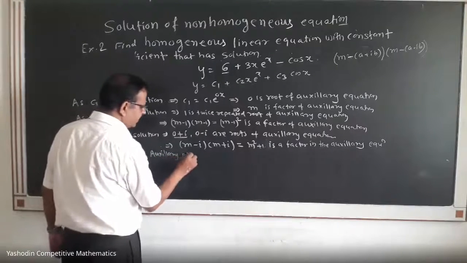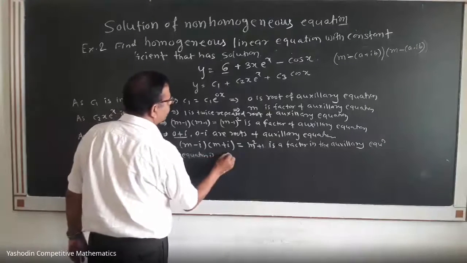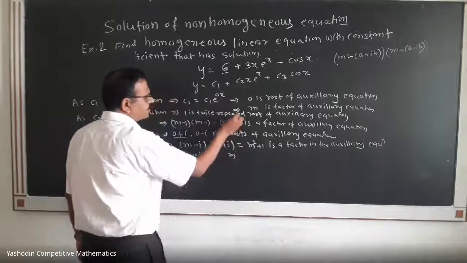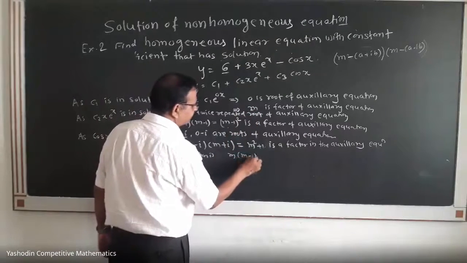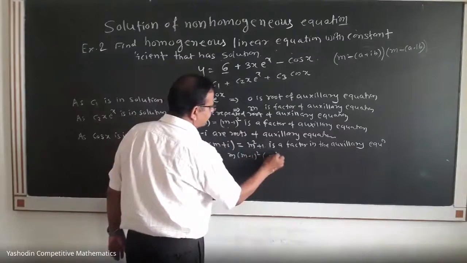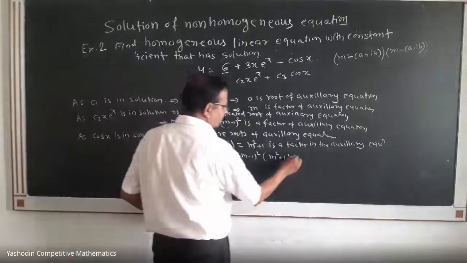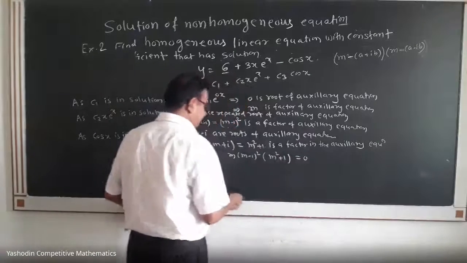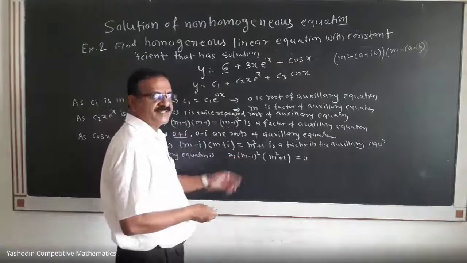Auxiliary equation is m, first factor m, second factor (m minus 1) square, and third factor (m square plus 1) equal to 0. Now, try to simplify this.